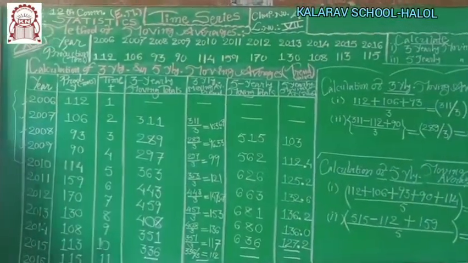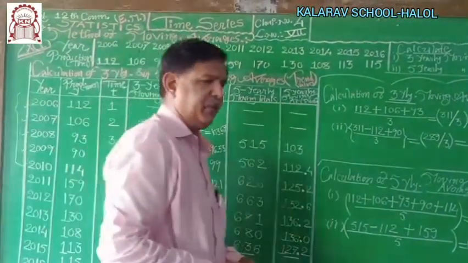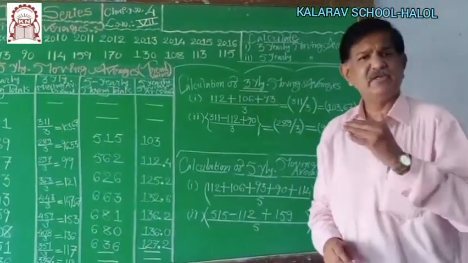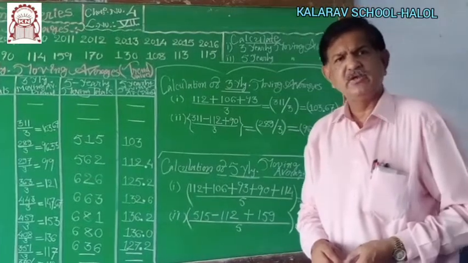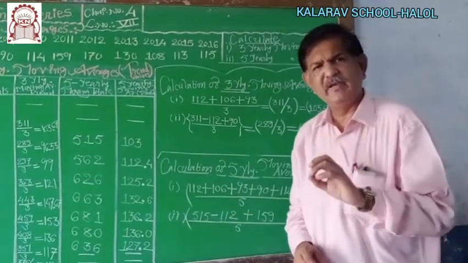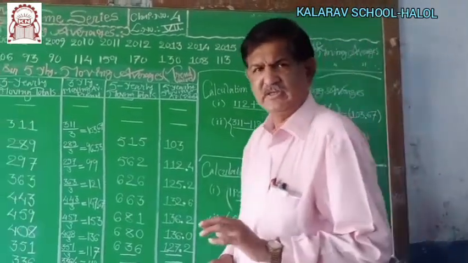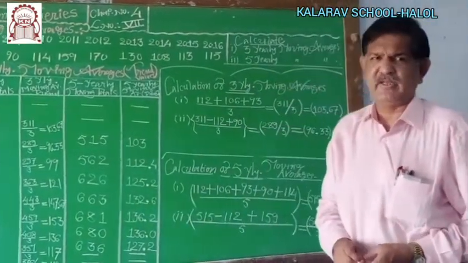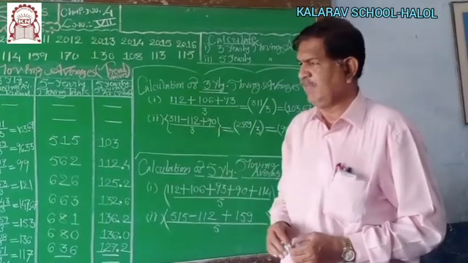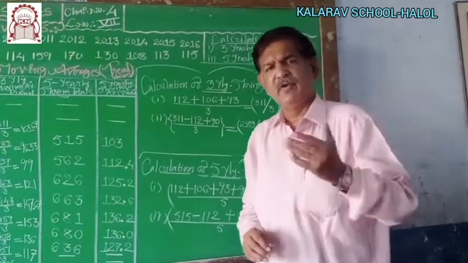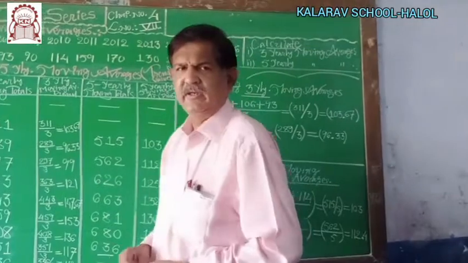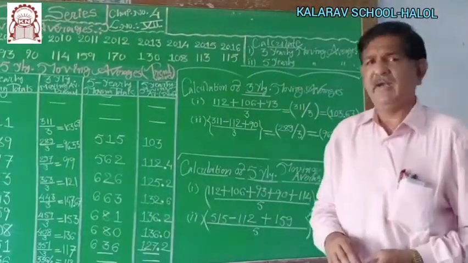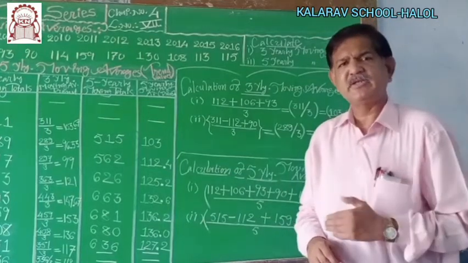This is one of the simplest and important methods, also known as the method of moving averages. Generally 3 yearly, 5 yearly, 7 yearly moving averages and 4 yearly centered moving average are asked. How to calculate the 4 year centered moving average we will show later on. But practice well from the textbook illustrations.